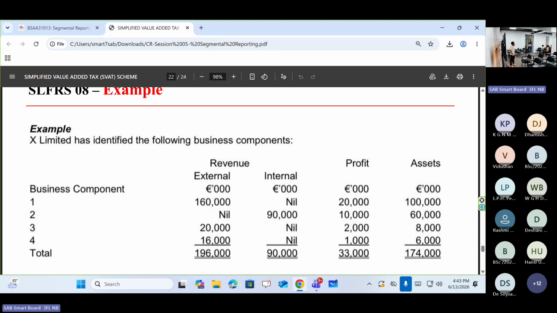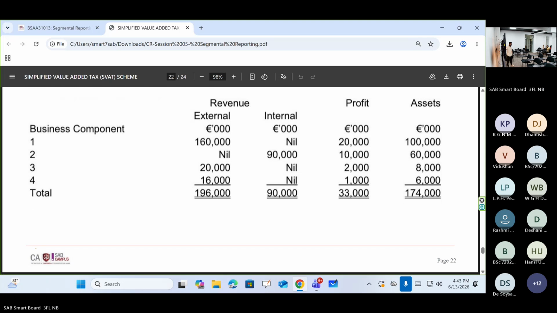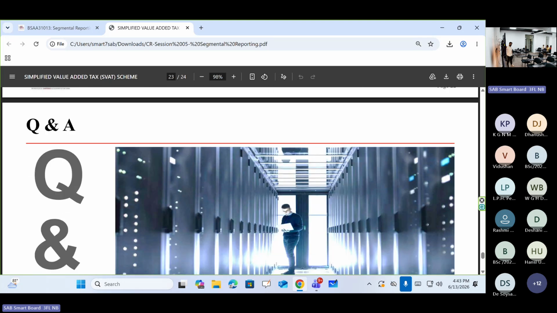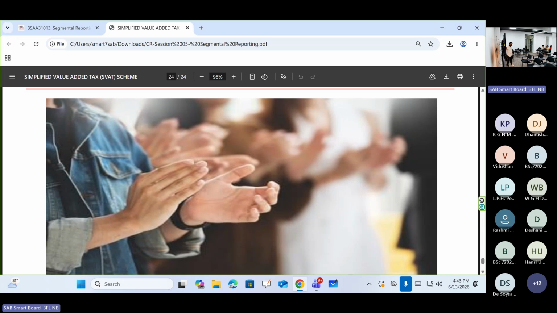You can try this. X Limited has identified the following business components. These are the operating segments X Limited has. What you are supposed to do is identify the reportable segments.